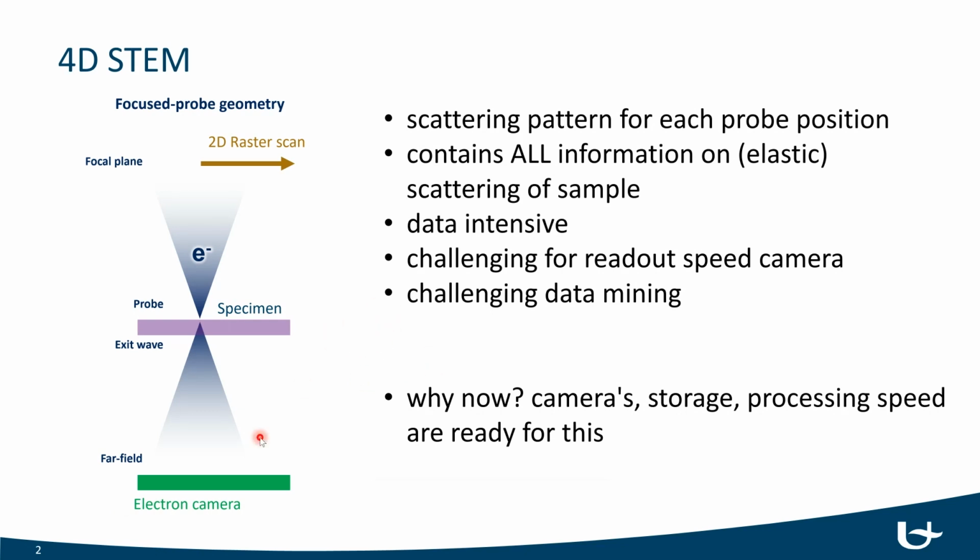You could ask why this is all happening now. This has a lot to do with cameras, but also with storage of high volumes of files and processing speed. Technology is just ready for it now, and it wasn't 10 years ago, and definitely not 20 years ago. So cameras and camera technology are important for 4D STEM.